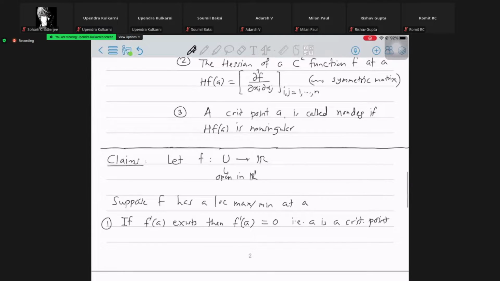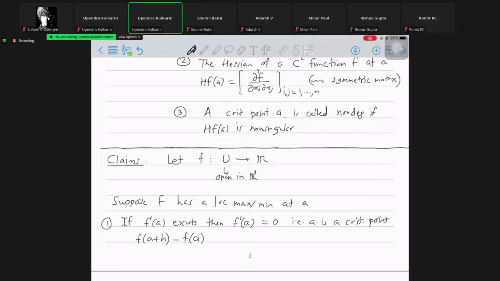So we take f of a plus h minus f of a, divided by h. So f of a plus h minus f of a, this will always be positive or negative depending on whether it's a maximum or a minimum.